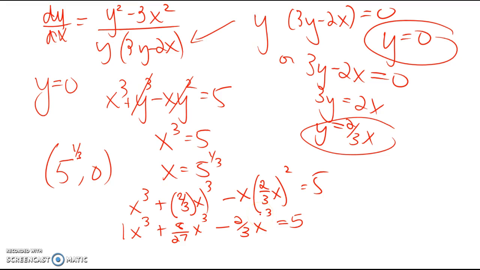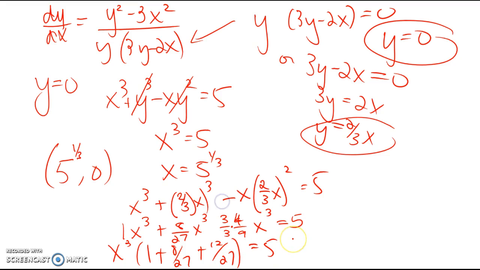So we have a 1 plus this plus this. I can rewrite, oops, this was 4/9, I'm sorry. I can put 4/9 over 27 by multiplying by 3 over 3. So that means if I pull the x cubed out, I have 1 plus 8 27ths plus 12 27ths equals 5.